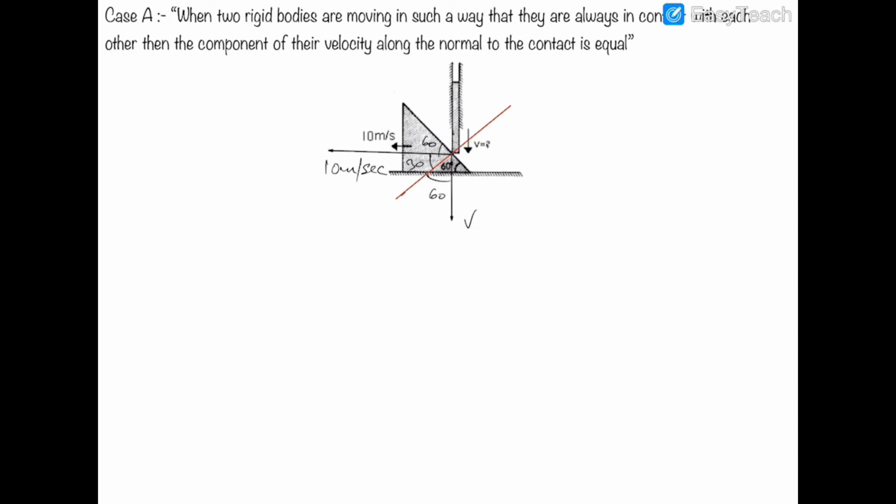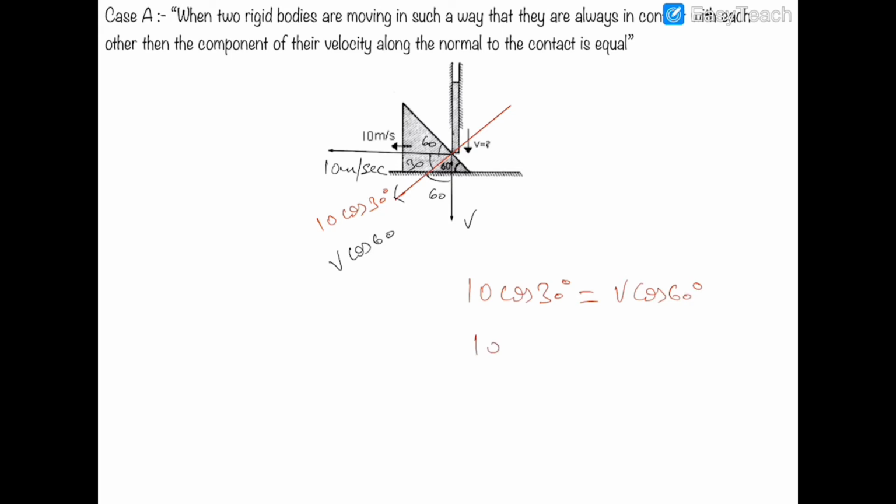So the components will be as follows: the component of V will be V cos 60, and the component of 10 meters per second will be 10 cos 30. Again, we have to equate these two components, and 10 cos 30 will be equal to V cos 60.